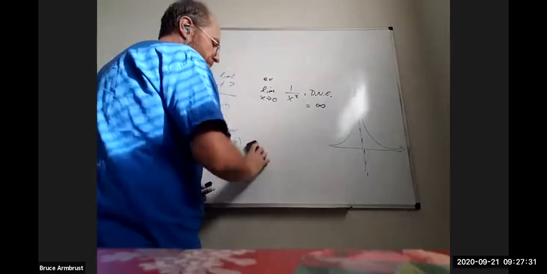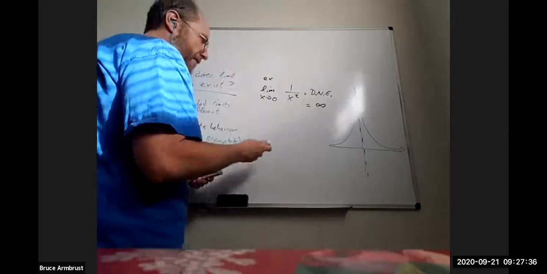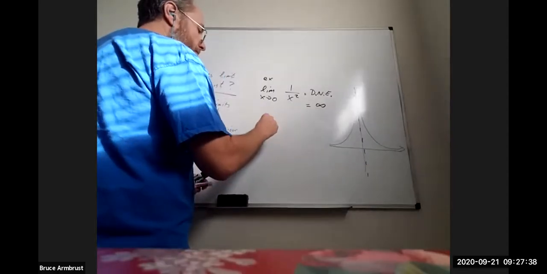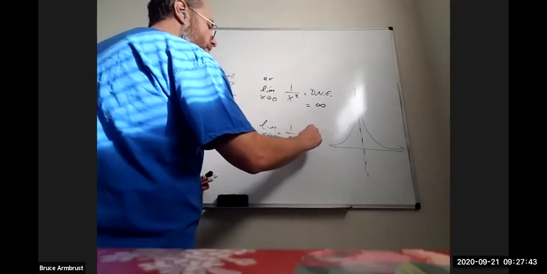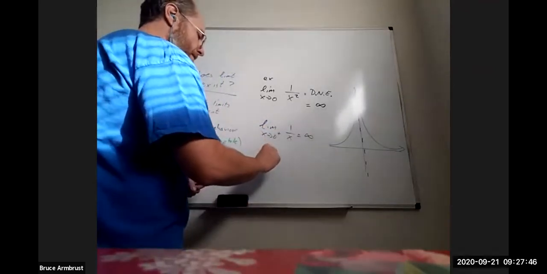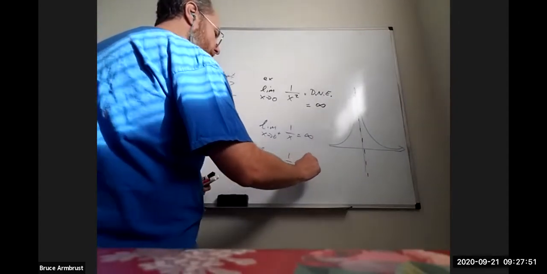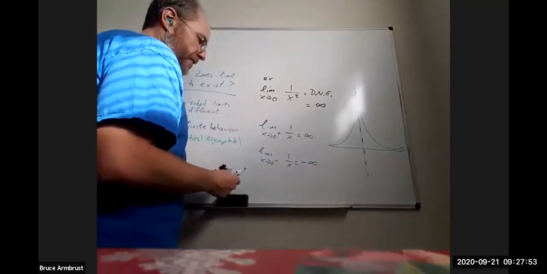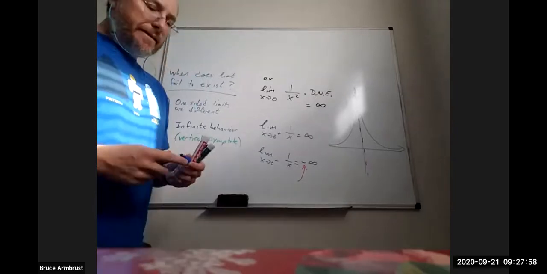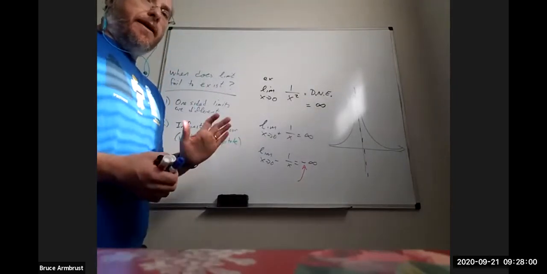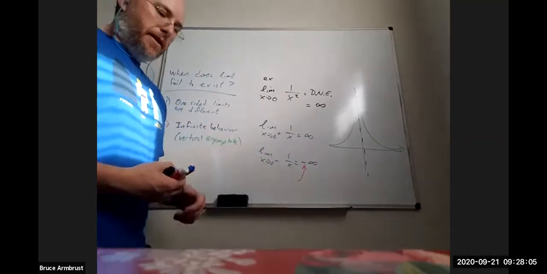For example, if we look at the butterfly function, f of x, and did a one-sided limit on that, like the limit as x goes to 0 from the right of 1 over x, we would write infinity. The limit as x approaches 0 from the left of 1 over x, we would write negative infinity. Notice there's a minus sign there, because that tells me I've got infinite behavior, but down towards negative infinity.